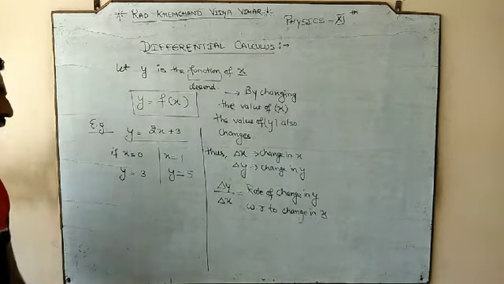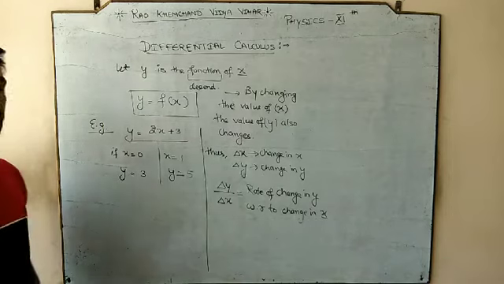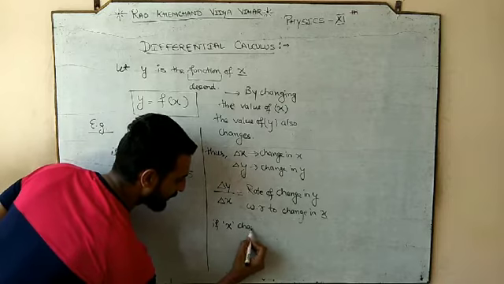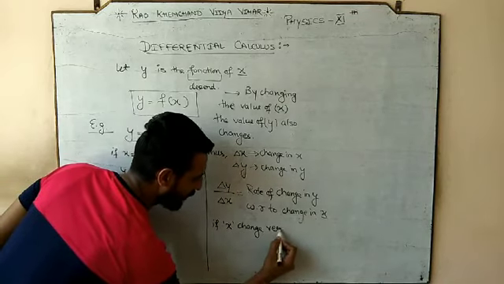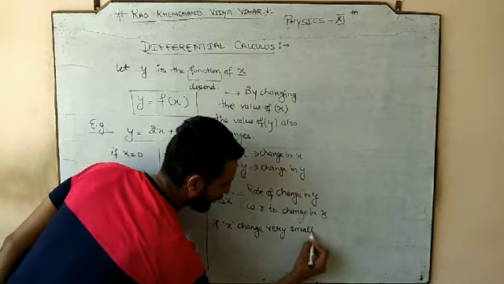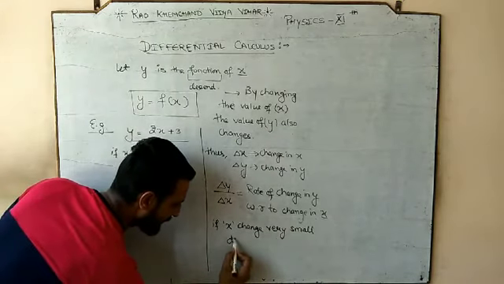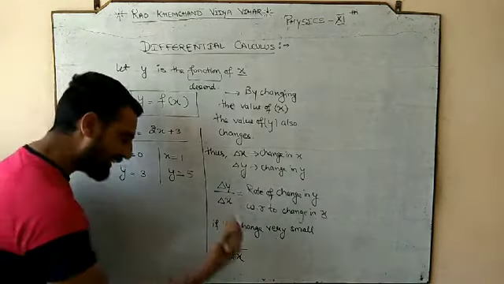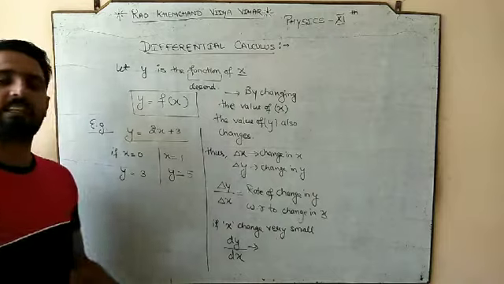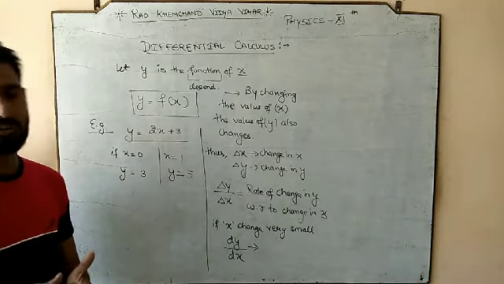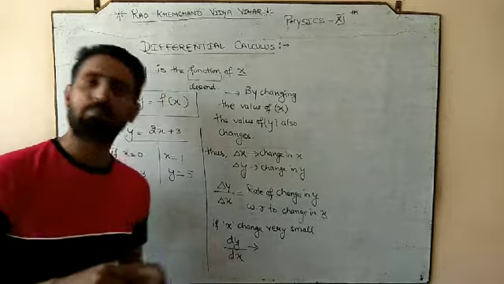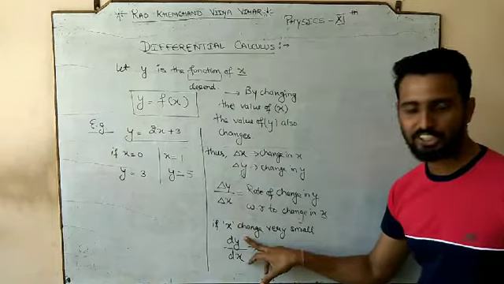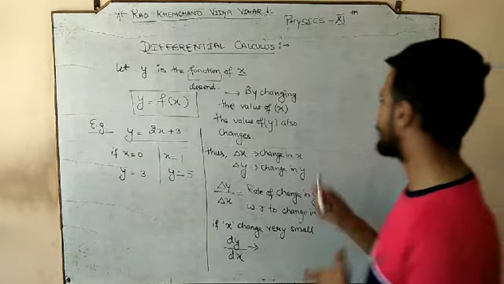So this is called the rate of change in y with respect to change in x, or if x changes very small, अगर x में very small change हुआ है, then we represent this in this manner, dy by dx. dy by dx means d also represents the change and this delta also represents the change. But the d represents the change when the change is in very small amount. So the small change in y with respect to small change in x.